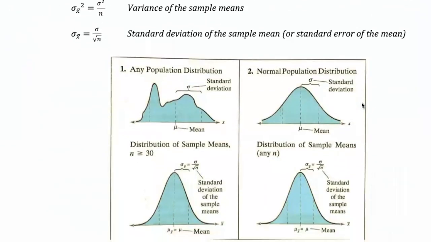So that's what the second picture is explaining: if you have a sample of any size, but you know it came from a population that was a normal distribution, then the distribution of the sample means is also going to be a normal distribution. And again, we'll be able to use the things that we know about probabilities for normal distributions.